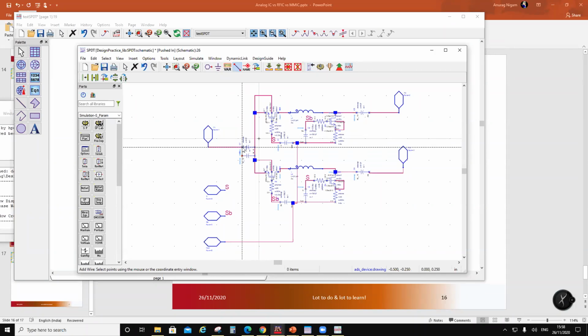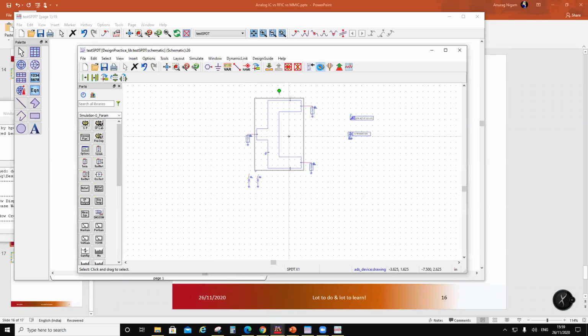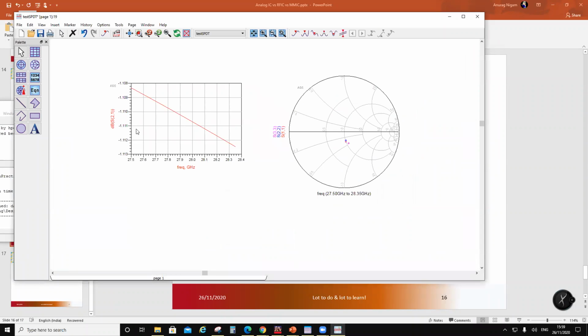I can also introduce the inductance over here because I want to go up, right? So I can introduce the inductance over here, delete, and again, I'm going to repeat this over here and delete. Now let's see what happens. Okay, up and simulate. So now I am at 1.1.